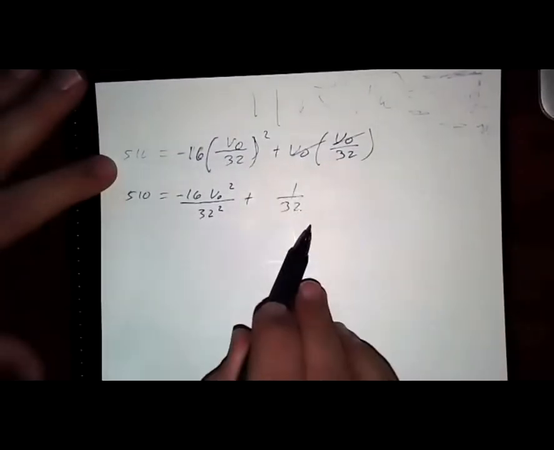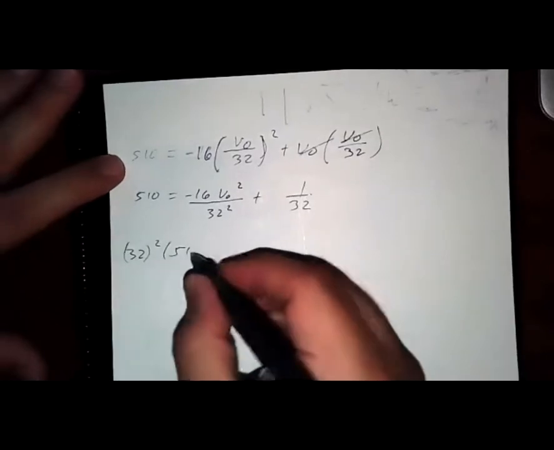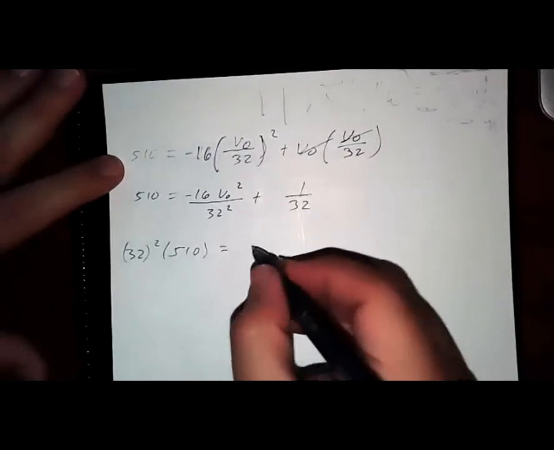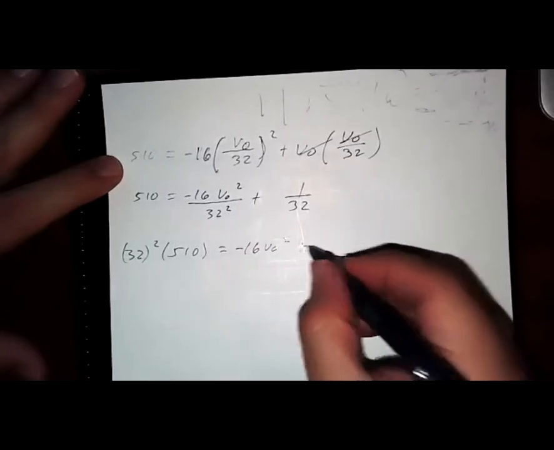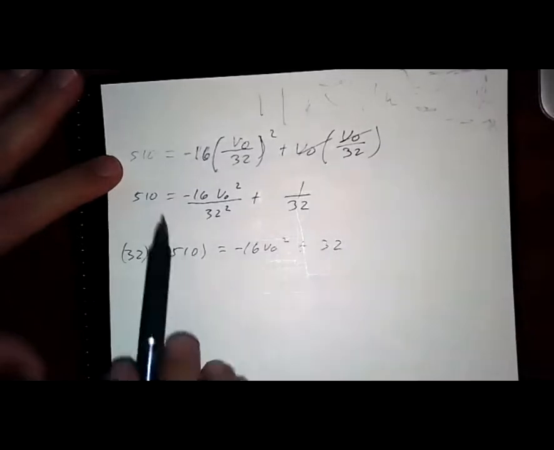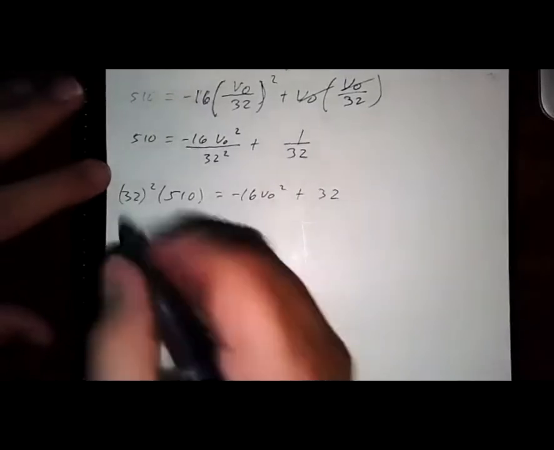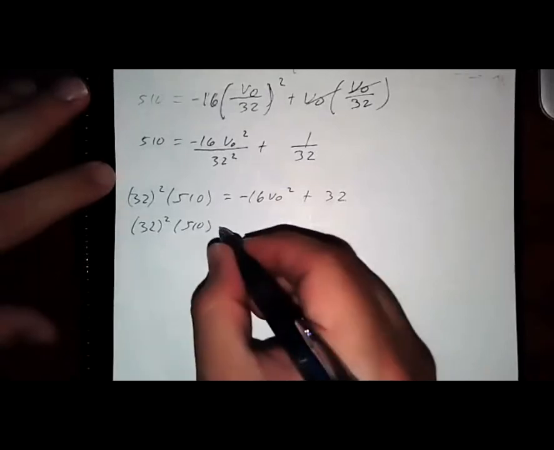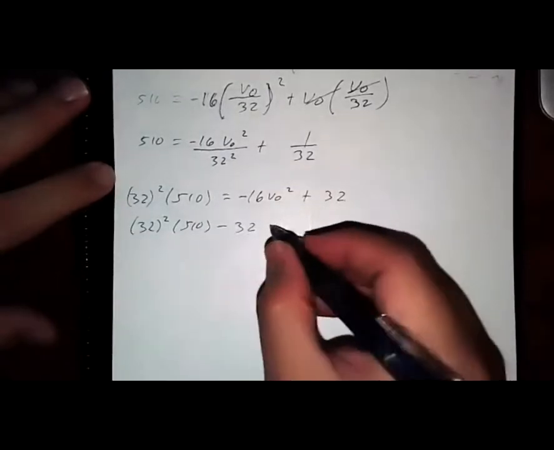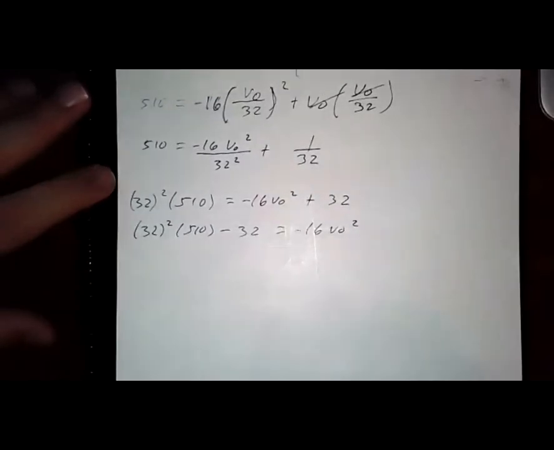So I'm going to multiply by 32 squared everywhere to move that over. So 32 squared times 510 equals negative 16 v naught squared plus 32. I canceled all the fractions. That's what I did here. Subtract 32. So that'd be 32 squared times 510 minus 32 is equal to negative 16 v naught squared.